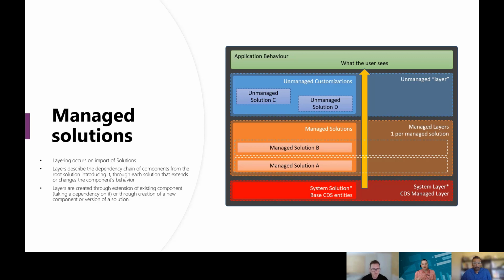Now, by default, assuming you haven't enabled managed properties, when you deploy a managed solution, you can make modifications. You're not making modifications to that core managed solution. You're making those changes in an unmanaged customizations layer, which is that top blue rectangle that we see here.